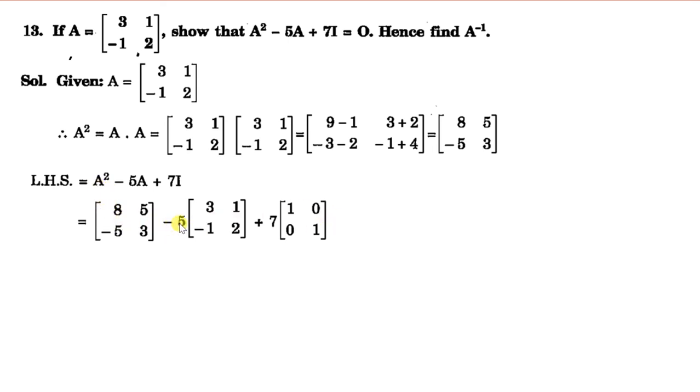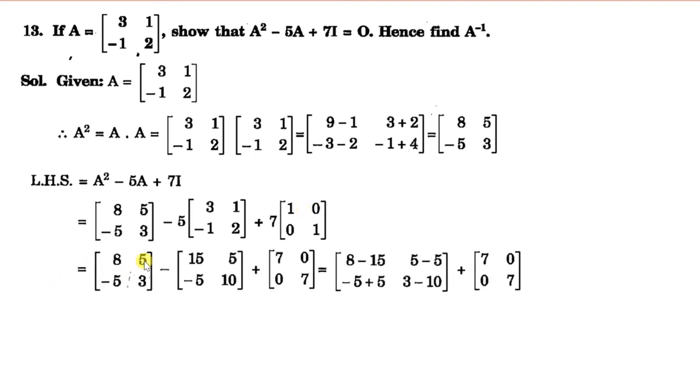Now multiply 5 with each element of the second matrix, and similarly 7 with the identity matrix. So you get this expression, and to add or subtract the two matrices, we have to add them component element wise.